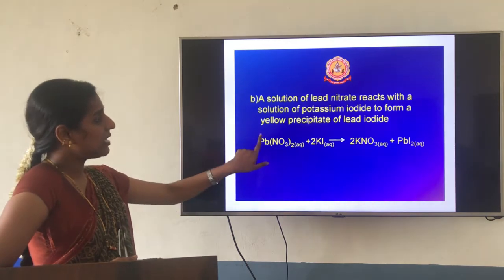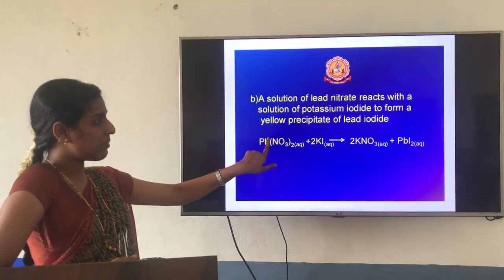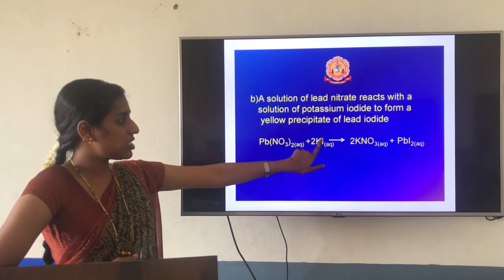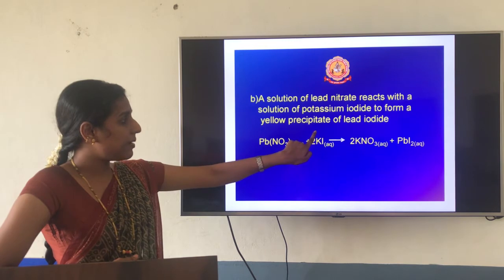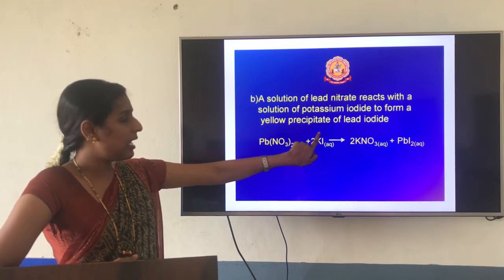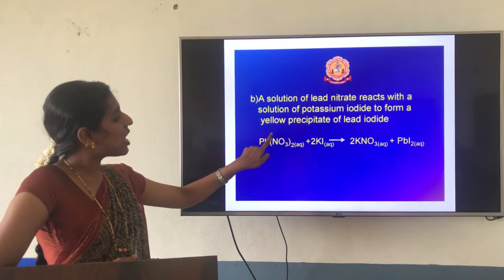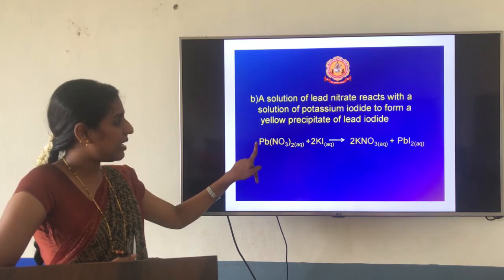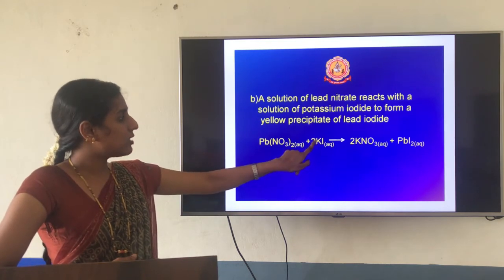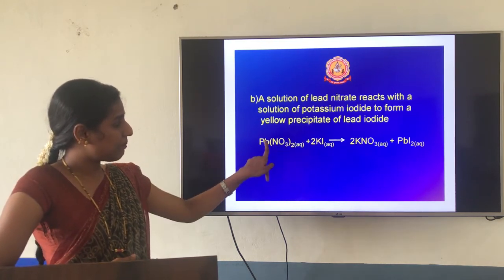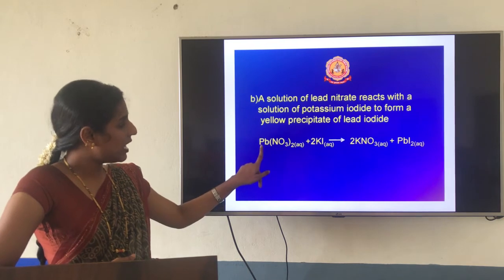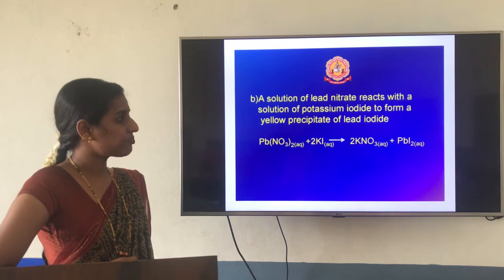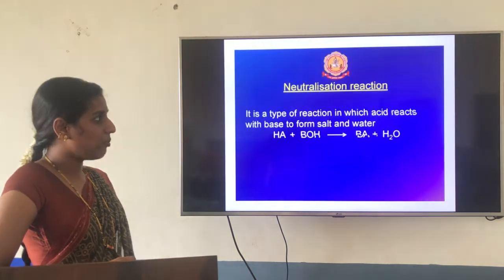Here also it is the same thing: Pb has a plus charge because it is a metal, NO3 has a negative charge, potassium K is positive, and I is negative. The same thing will happen: the positive element can replace the positive element present over here. So K can replace Pb, and Pb can replace K, so that you get KNO3 when K replaces Pb, and when Pb replaces K, you get PbI2. Lead iodide formation will take place.